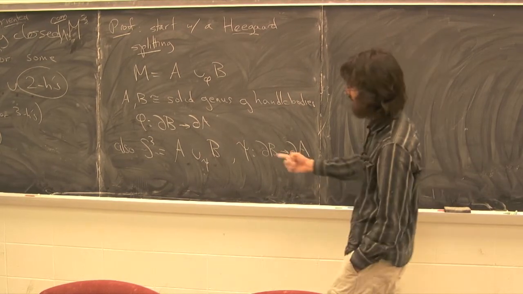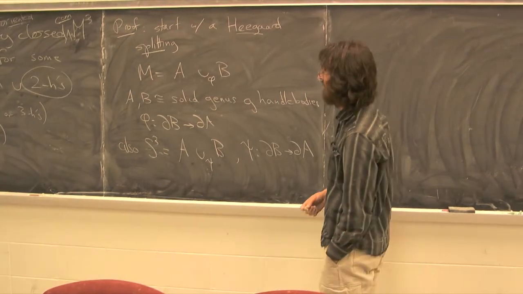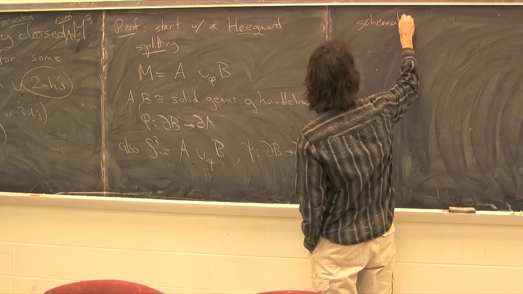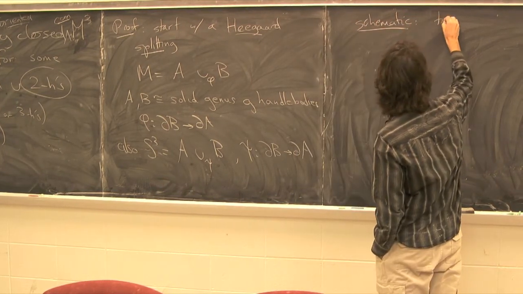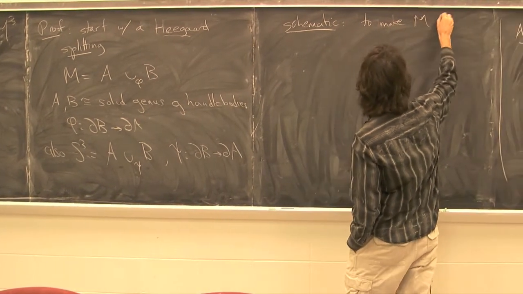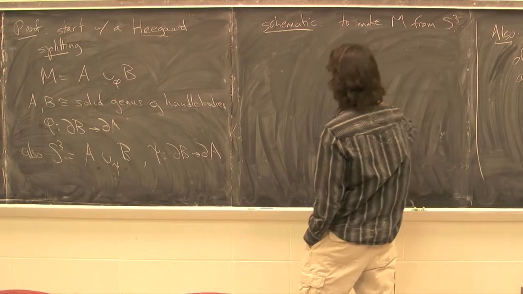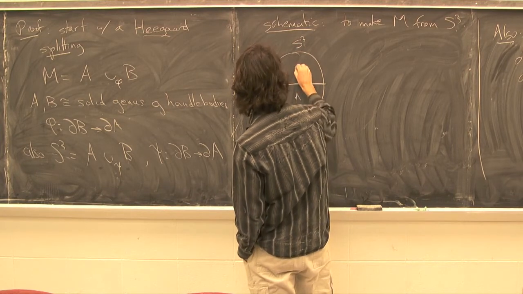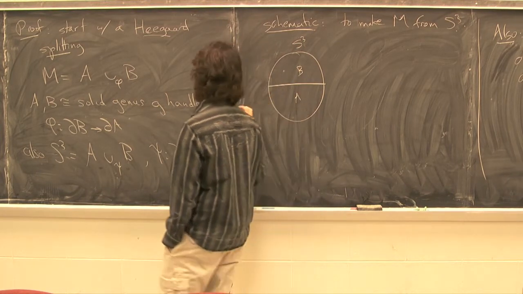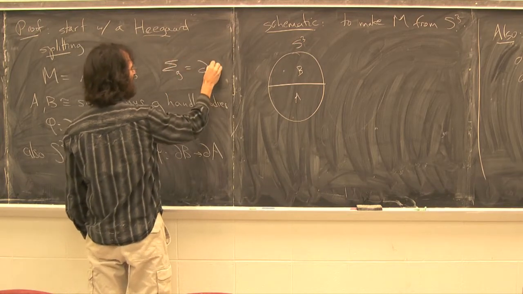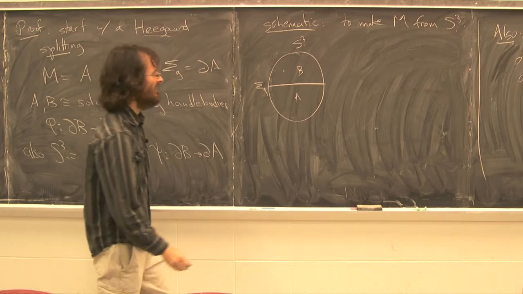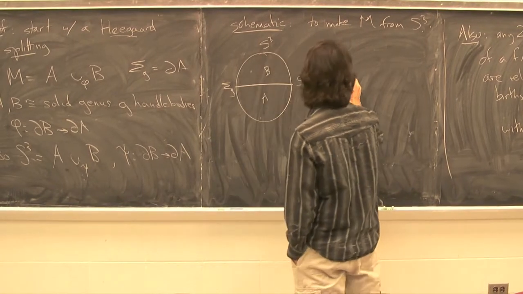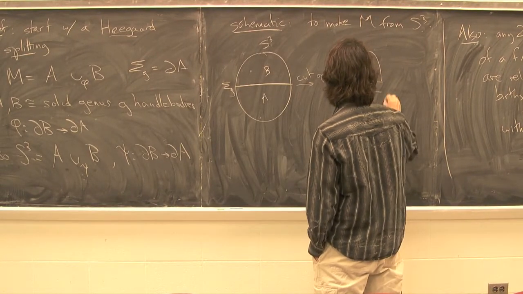Okay. And so now I want to compare these two splittings. One way to think about M, and this is just a schematic, is to make M from S3: you start with S3, and here's A and B, with the splitting surface sigma G, and then you cut open, and then you reglue.